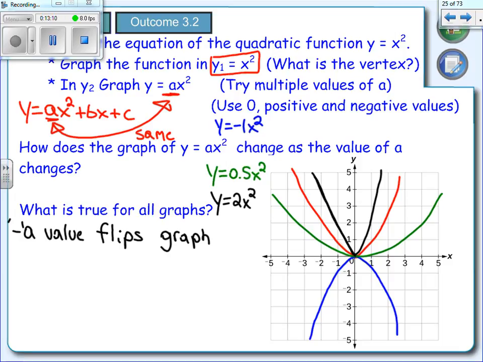If the A value is less than 1 but greater than -1, so it's a decimal of some sort, we get wider. If A is either a lot smaller than -1, or if it's bigger than +1, we get narrower.